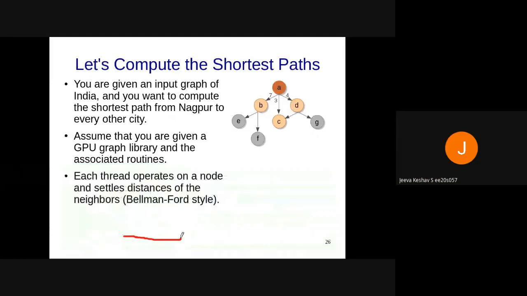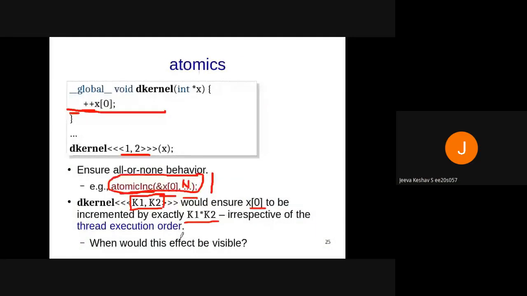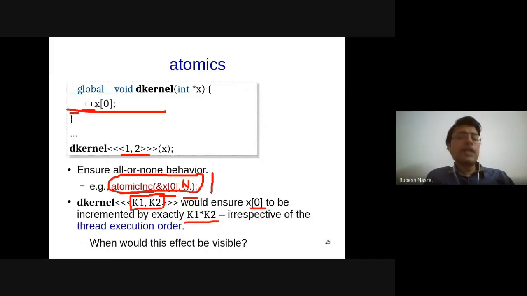Since we have atomic increments, does it make the kernel execute sequentially? Yes. If you have only atomic increment in the kernel, then the code is actually going to get executed almost sequentially. That is correct.